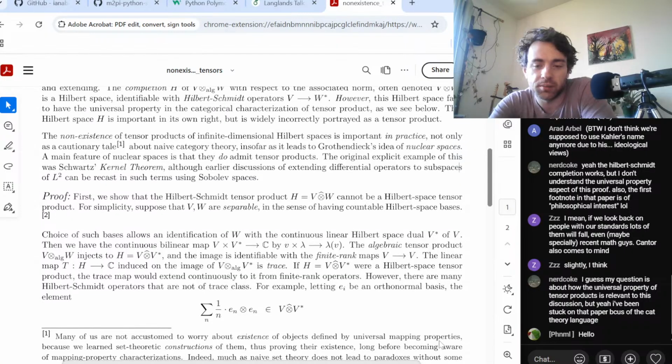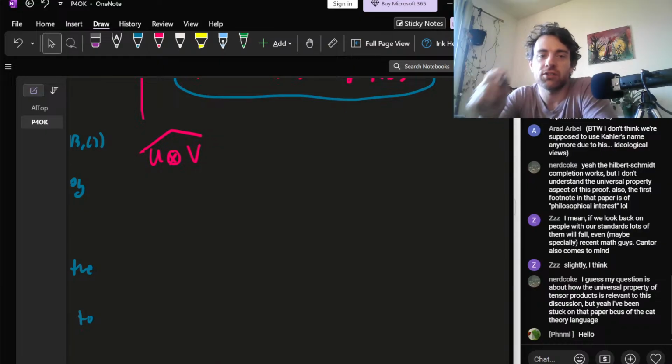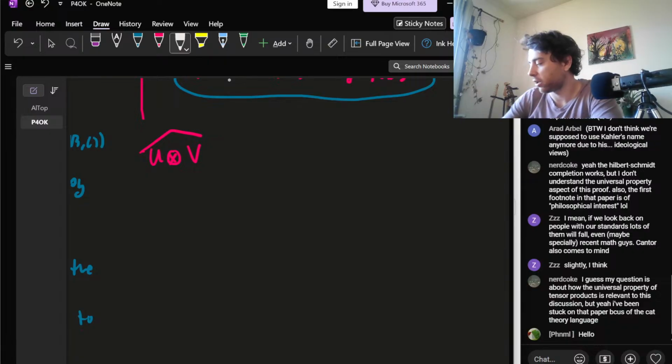Well, here, let me give you a recommendation. I think the reason why the universal property of the tensor product shows up is, at a glance, the idea is to basically do a proof by contradiction and show that there can't be something that satisfies the universal property.